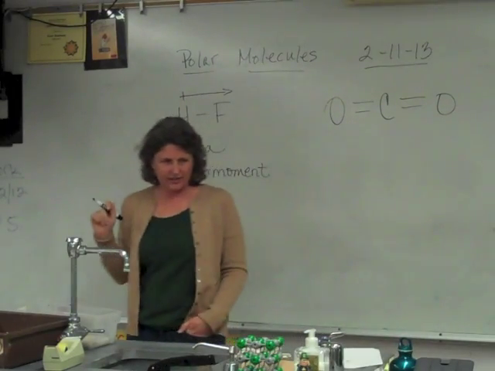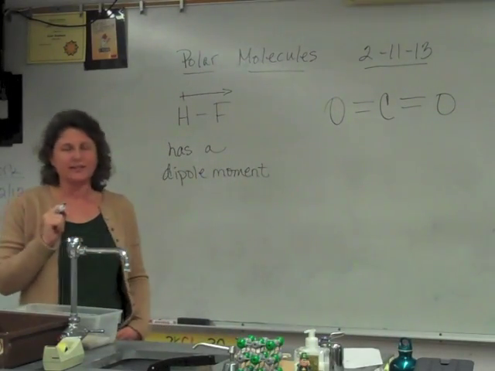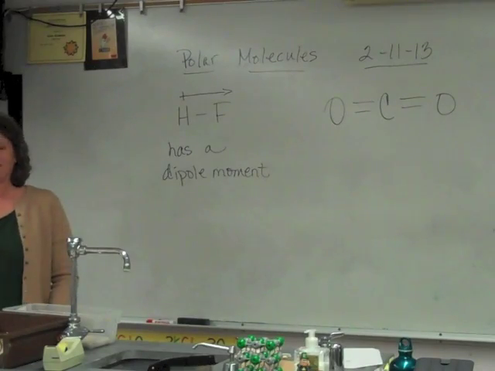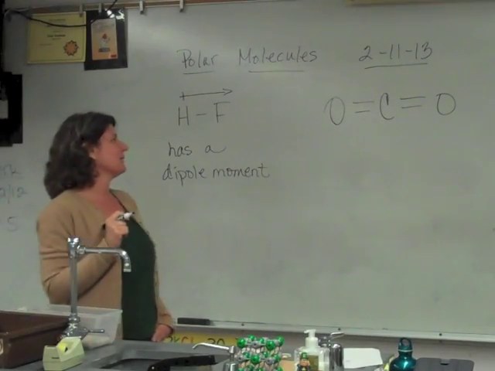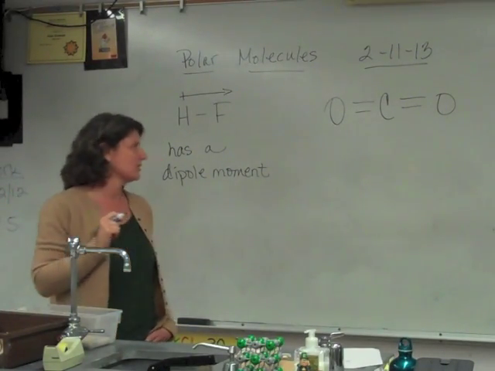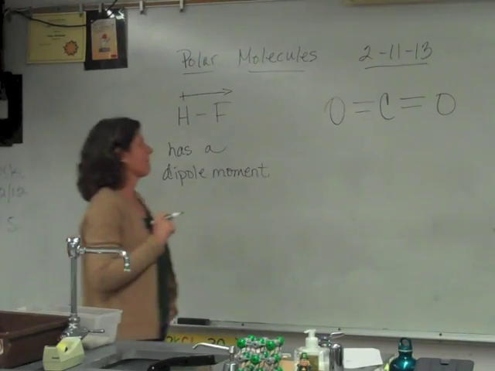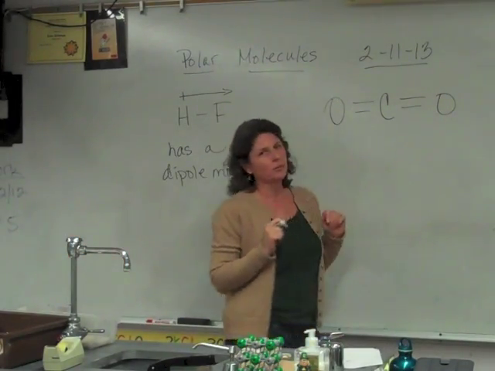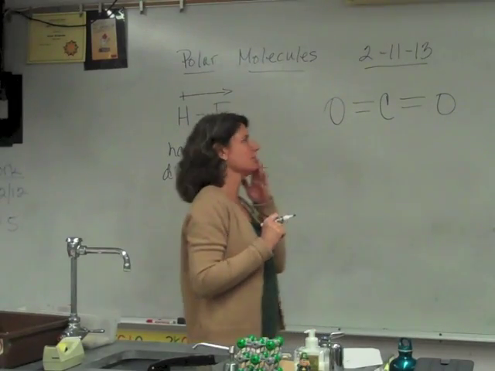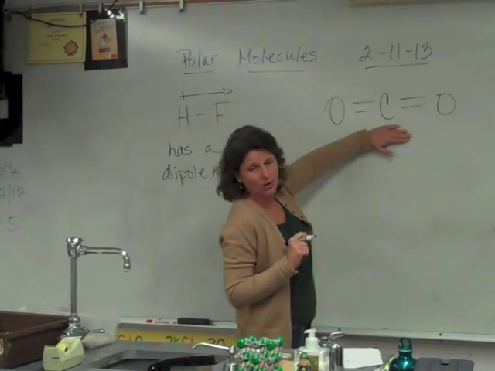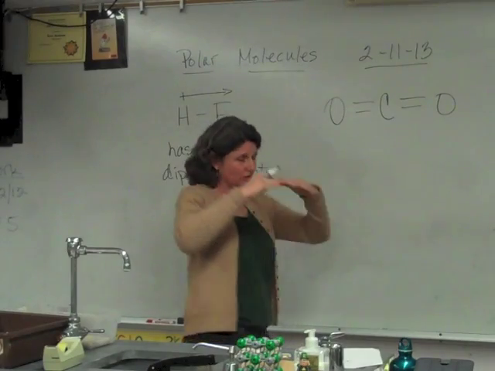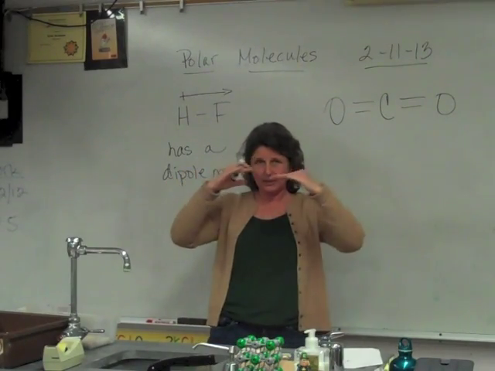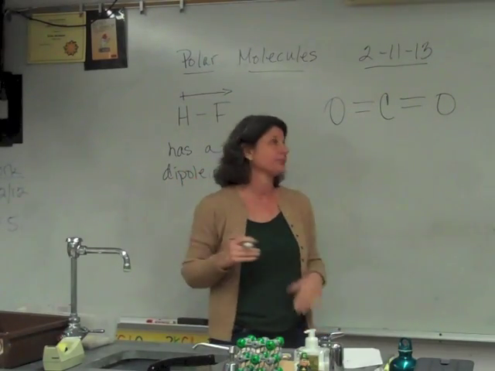this is where things get to be a little bit more tricky. Okay, so we've got carbon and oxygen, and these are both polar bonds. This is a linear molecule, so it's all in one plane. It's linear.